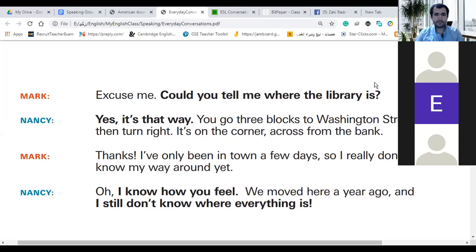It's on the corner across from the bank. Thanks. I've only been in town a few days, so I really don't know my way around yet. Oh, I know how you feel. We moved here a year ago, and I still don't know where everything is.